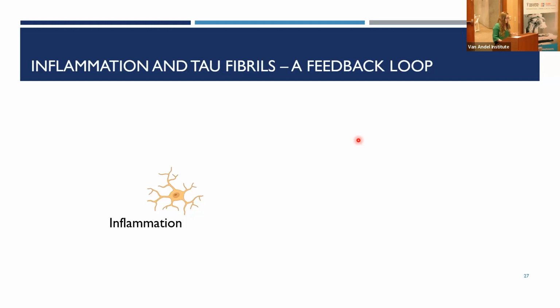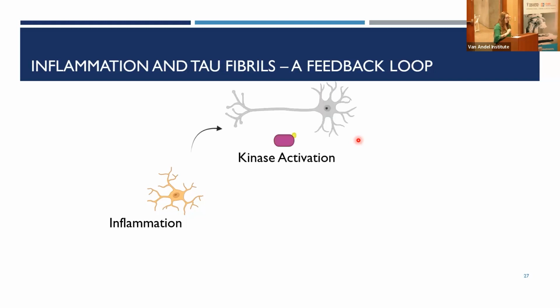And what these microglia do is send special signals to the neurons that they are next to, to activate kinases. And kinases are another protein in the cell, and these add a modification to another protein. So these are going to modify tau, or if we think back to our seasoning analogy, these are the chefs, right? These are going to add something to the protein.